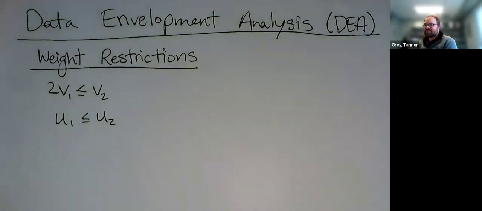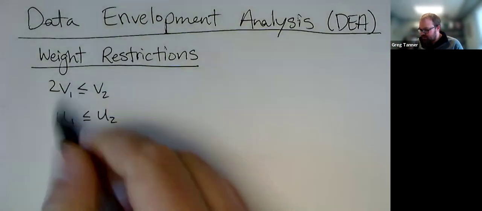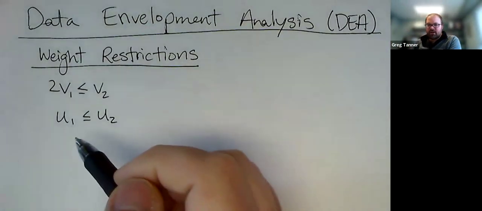Okay, for inputs, you want to think of those values as costs. For outputs, you want to think of those values as maybe revenue or something good. And so the better the output, the higher the value it is, but the better inputs are the ones with the lower value in some sense, or lower cost against you. Okay. And so we can add these weight restrictions.